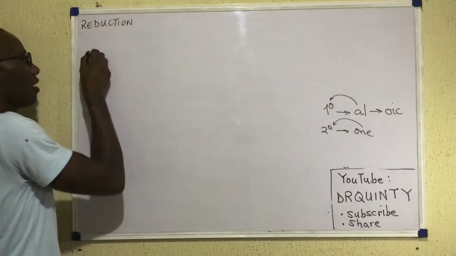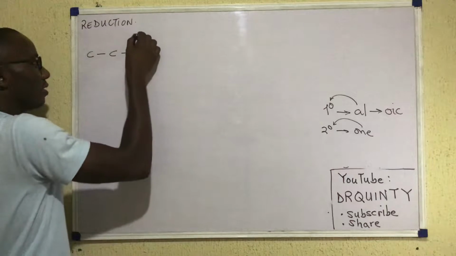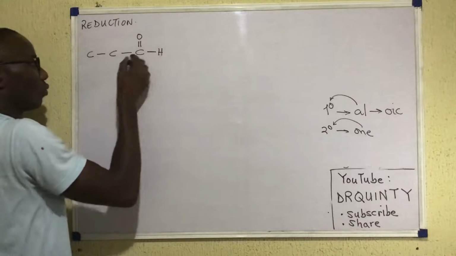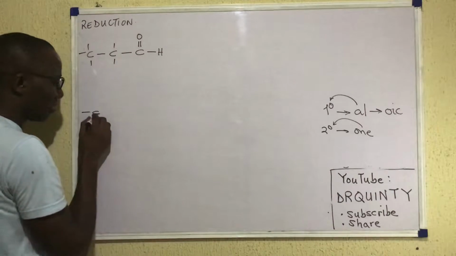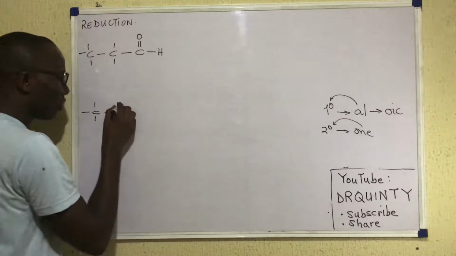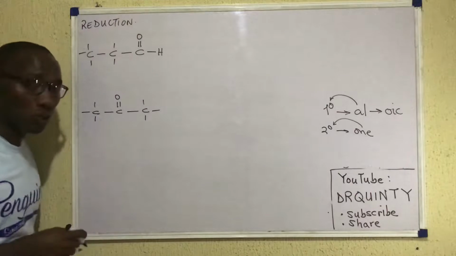So that if I were to start with, let's say this, which is propanal, as well as this. So I have drawn a 3-carbon alkanal and a 3-carbon alkanone.